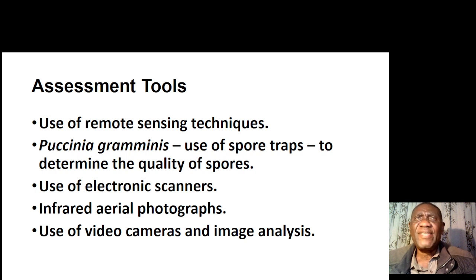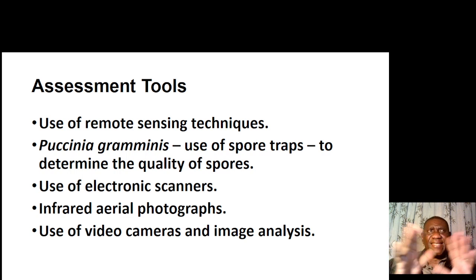You can trap the spores and determine the quantity of spores. This can give you an indication of the presence of the disease. There are also what they call electronic scanners, probably, which can detect these spores.